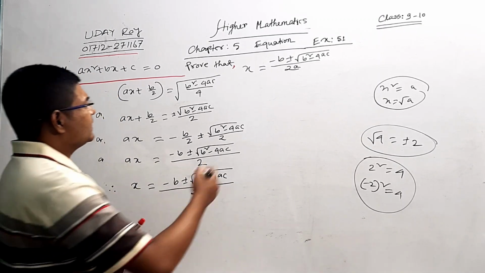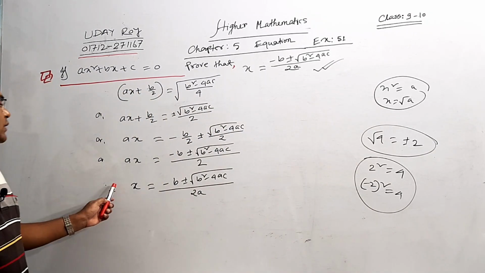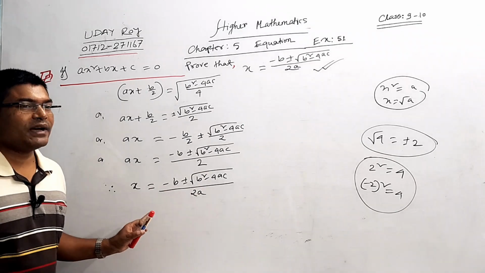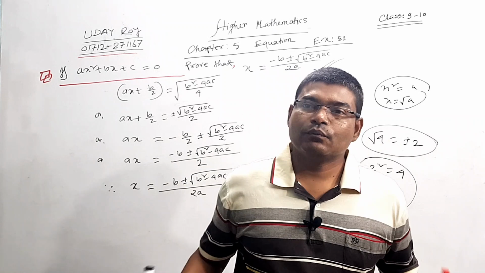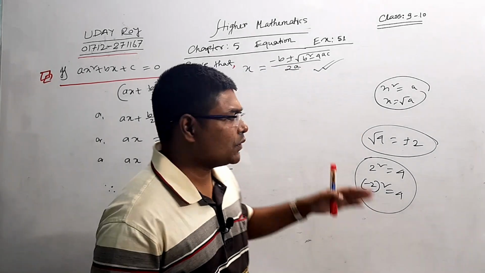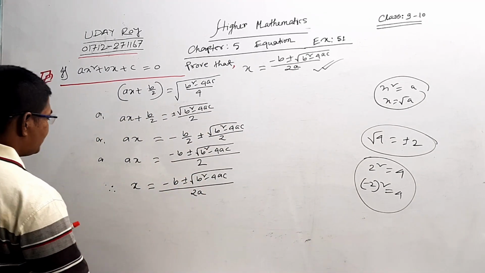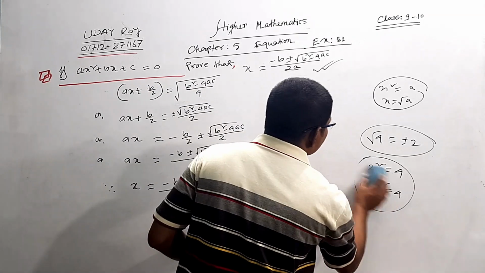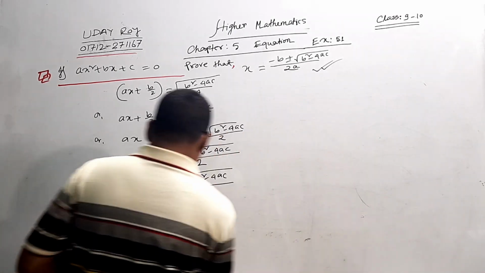So already we have proved x equal to minus b plus minus square root of b square minus 4ac divided by twice a. Here is plus and minus, so we can write two formations, just to follow the board. We can write x1 and x2.